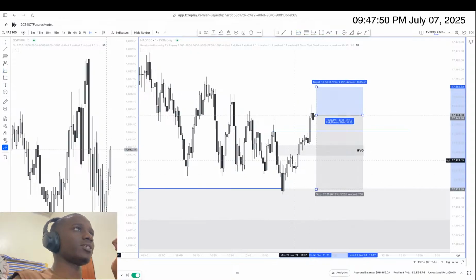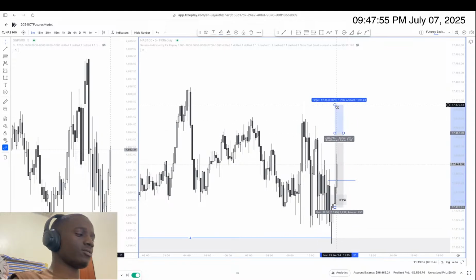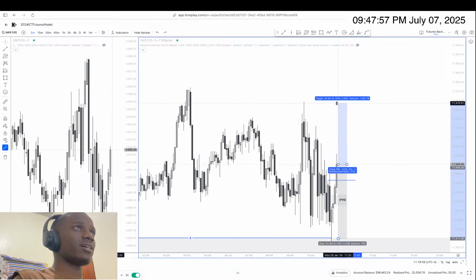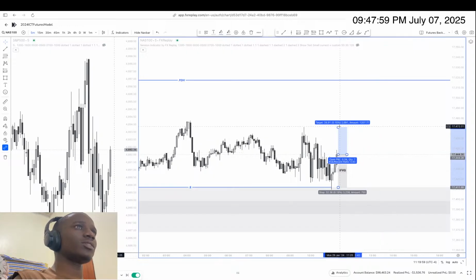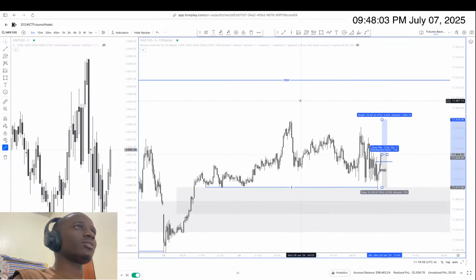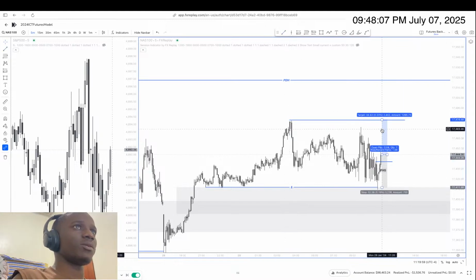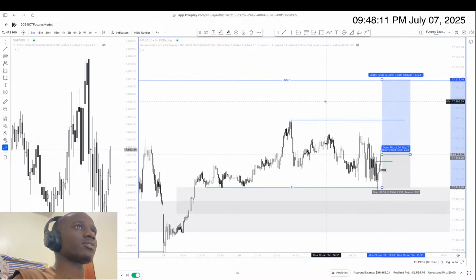Stop loss will be right here, and going on the 5-minute, look for a draw on liquidity. We have this high right here. We still have this high here as well, giving us a 1-to-1. So I'd like to close my partials somewhere here. Meanwhile, I'd hold the runners to that external buy side liquidity. So let's take this entry.